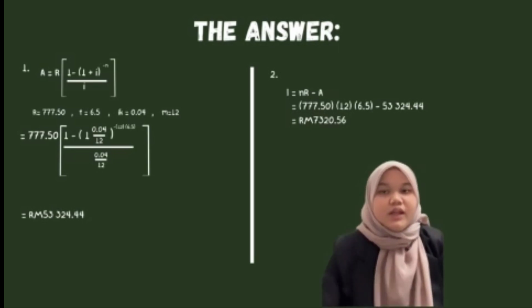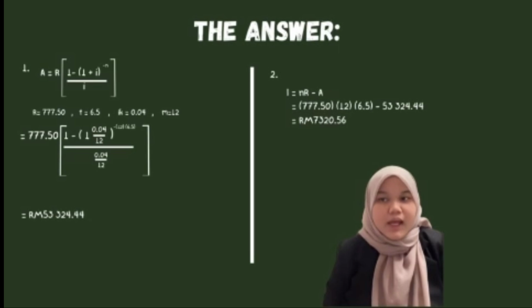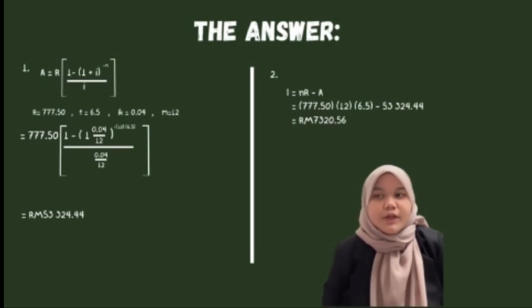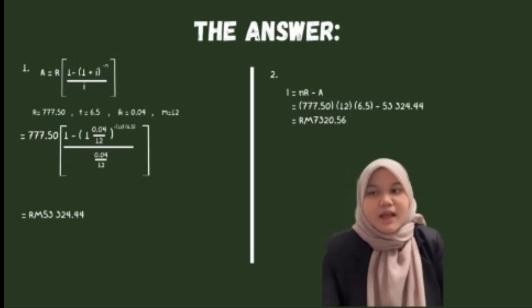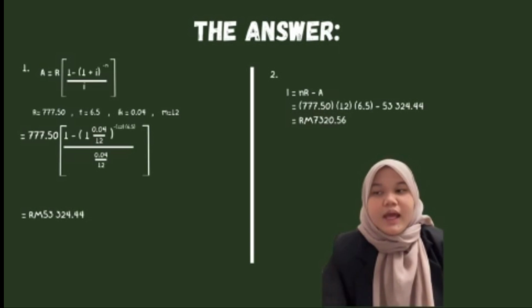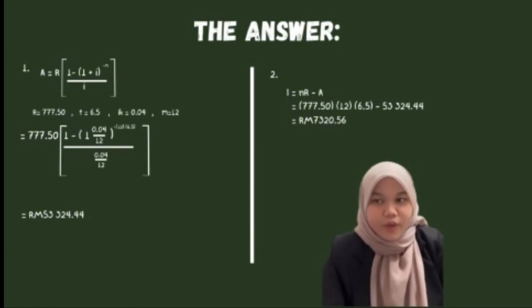The 777 ringgit 50 cents is the amount that Fadlin needs to pay every month, 12 is for 12 months, and 6.5 is for the years. We will minus it with 53,324 ringgit and 44 cents, which we got as the answer from question number 1.